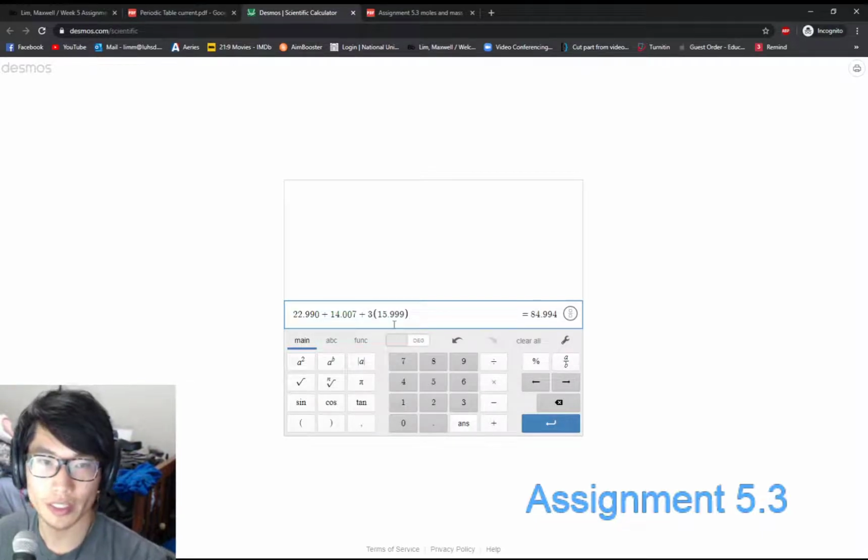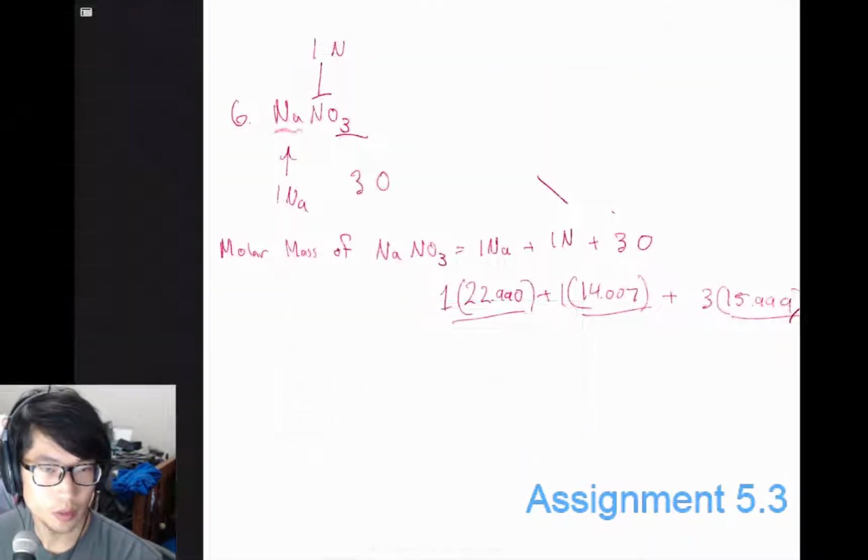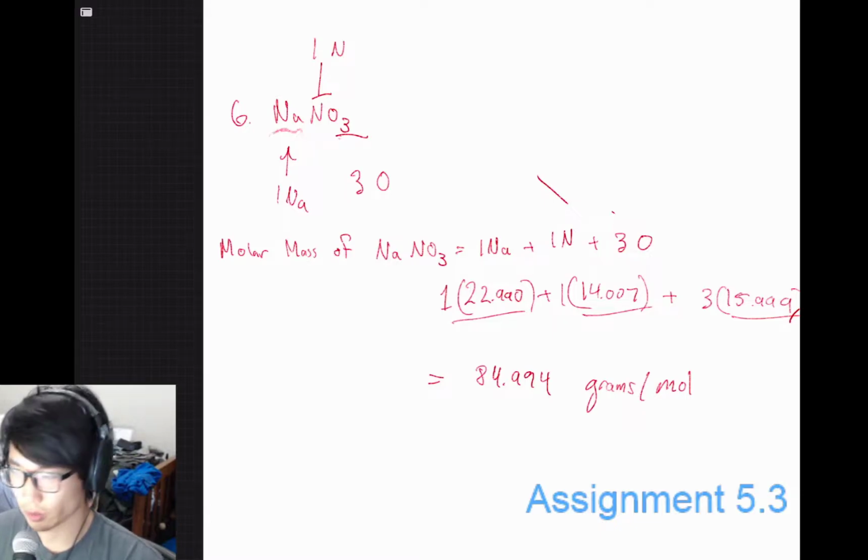And there's my answer, 84.994. Go back to my iPad. So, this all will equal 84.994 grams per mole. Awesome, yay. And that's your answer. So that is the molar mass of NaNO3.